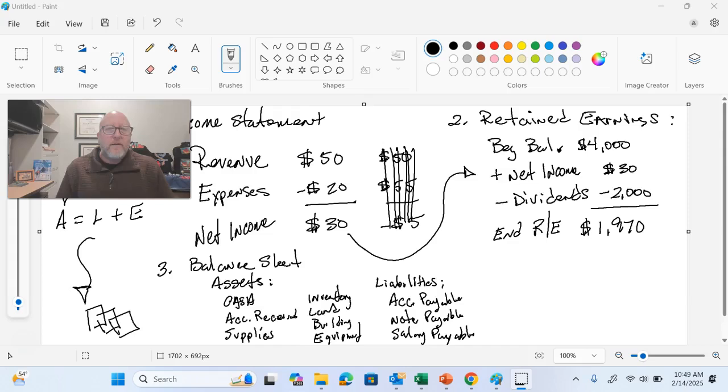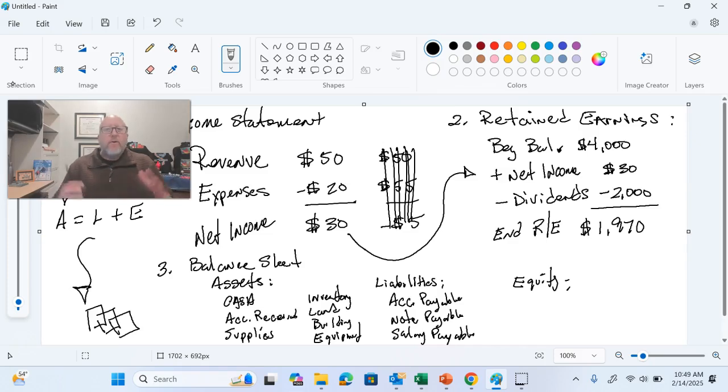The third category of the balance sheet is what we refer to as equity. Okay? And equity has a bunch of different definitions, but the first definition is everything left over.